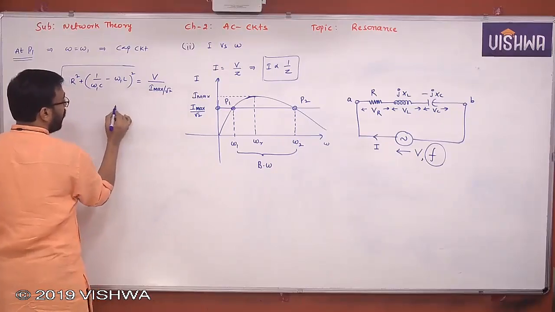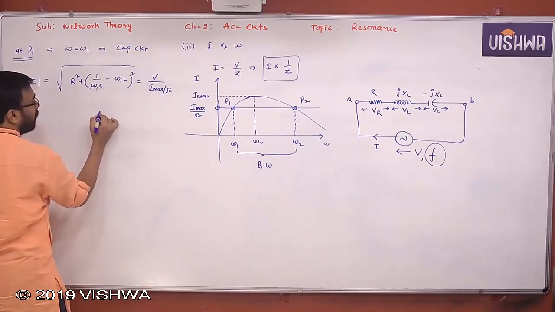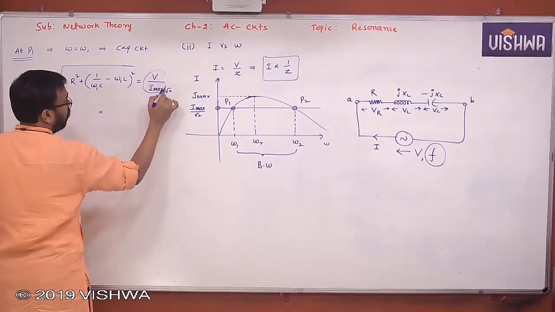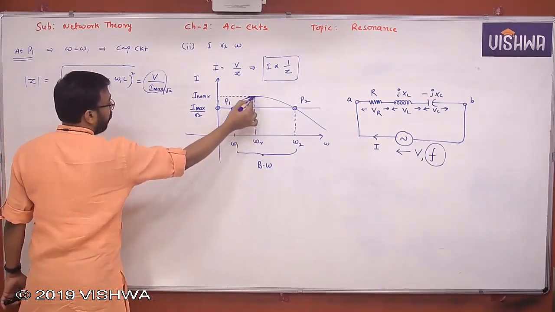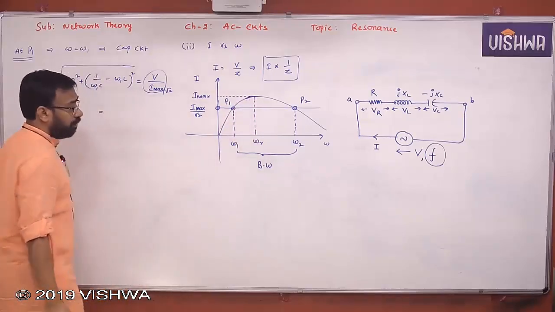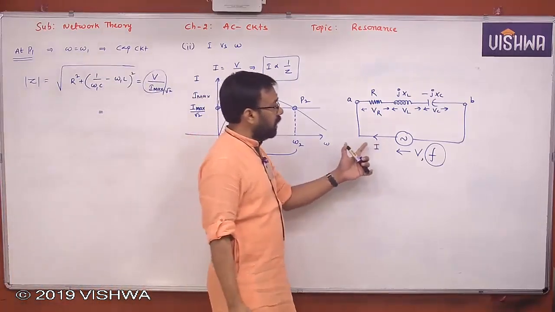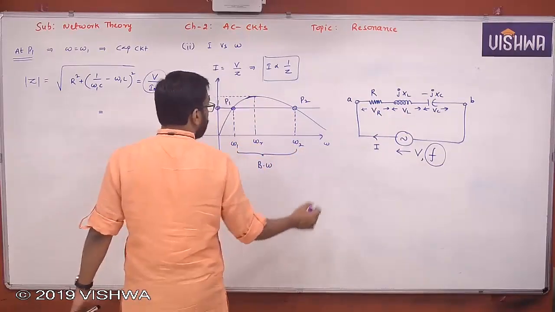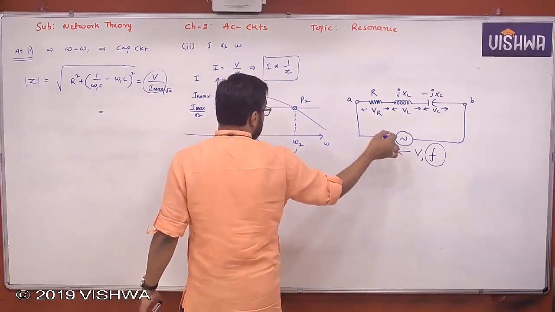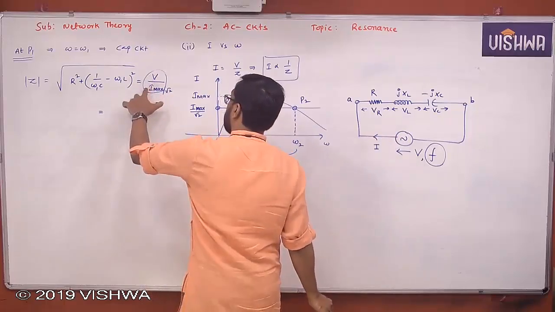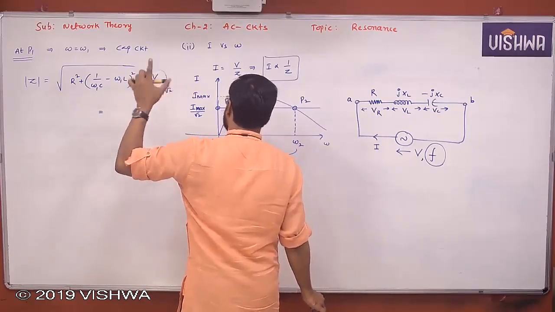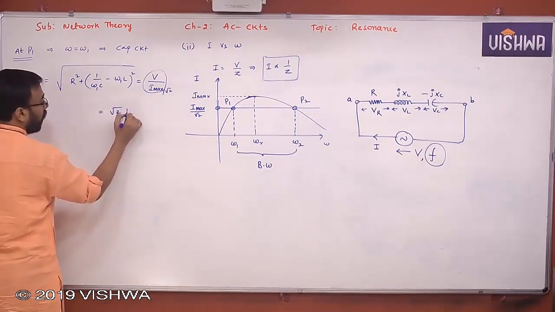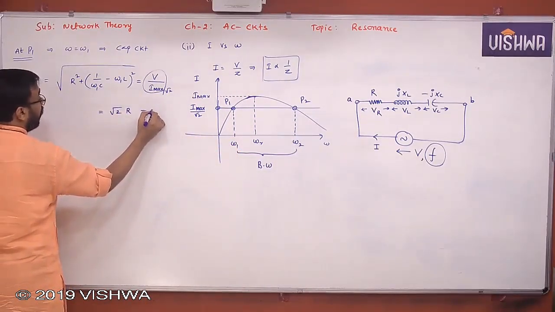But V by I max is nothing but Z, the impedance at resonant frequency. At resonant frequency, Z is only R. So it is root 2 times R. Call it equation 1.